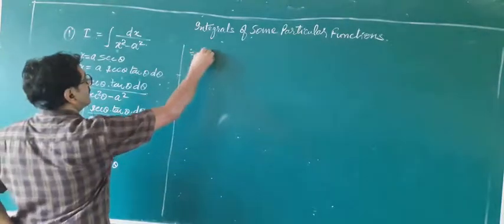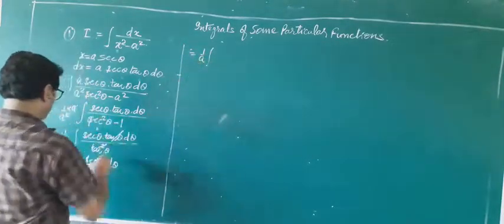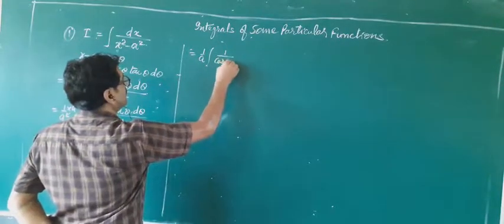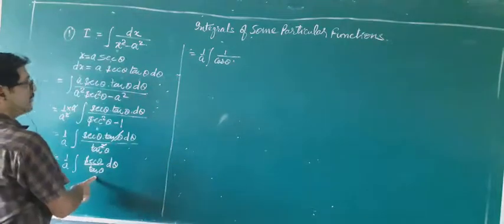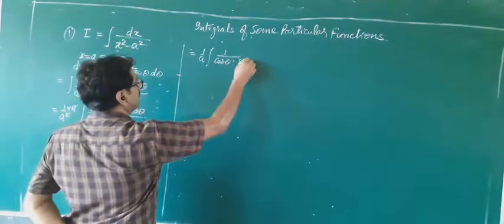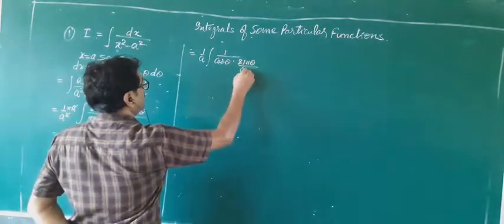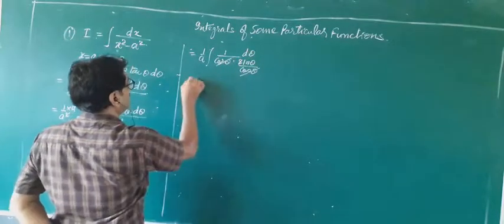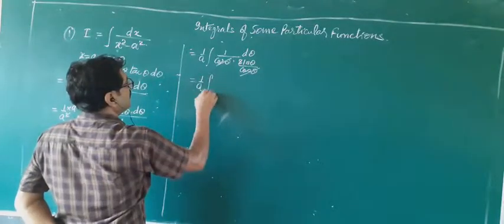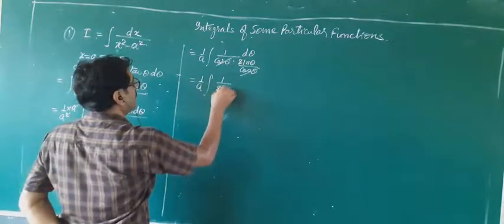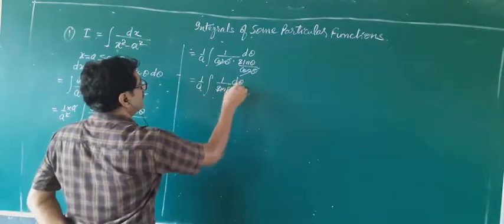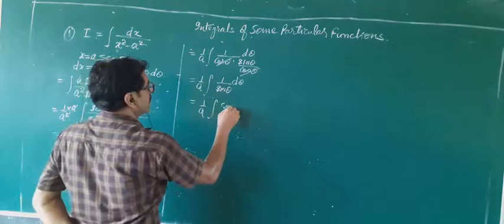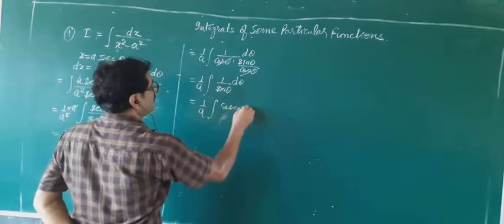We solve it: sec theta means 1 upon cos theta, and tan theta means sin theta upon cos theta. Cos cancels out, so 1 upon a into 1 upon sin theta d theta, that is 1 upon a cosec theta d theta.